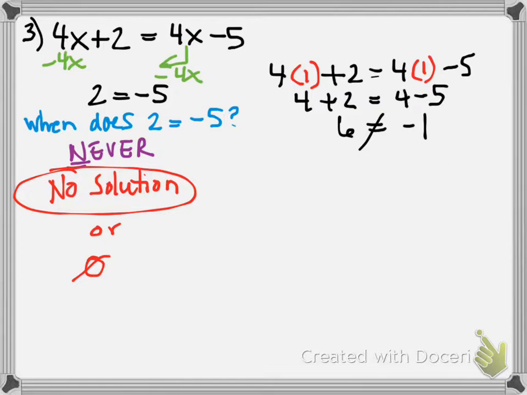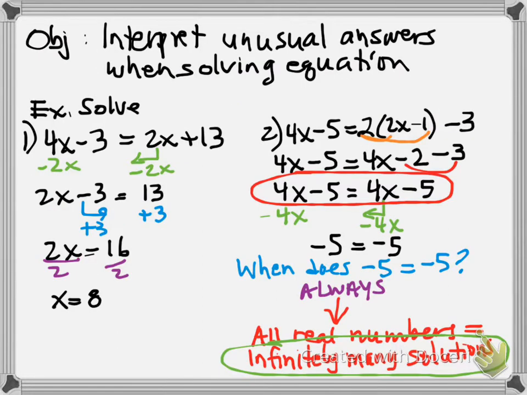So if you want to just look back at this one here, we could plug in a number. Let's plug in 1 for this one as well, and you can see what happens. So we get 4 times 1 minus 5 equals 2 times the quantity, 2 times 1, and then that minus 1 minus 3.